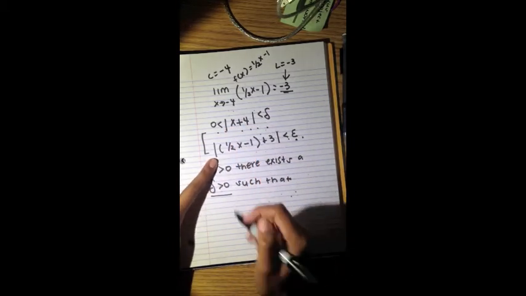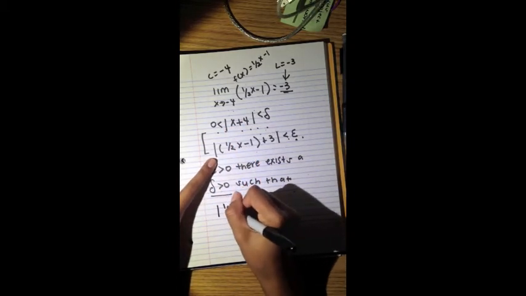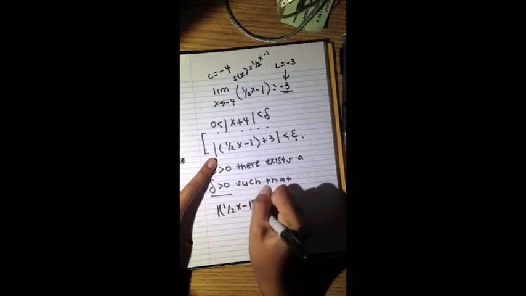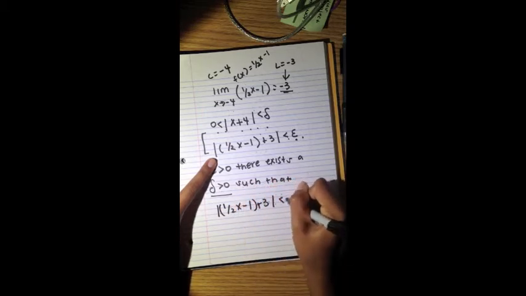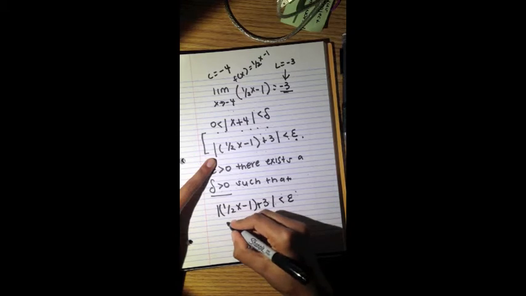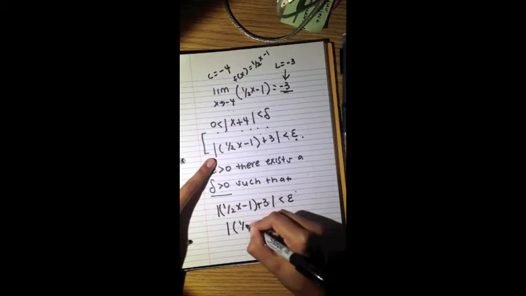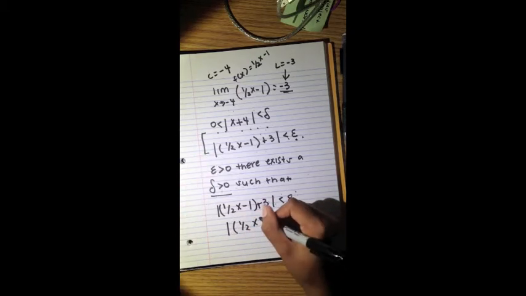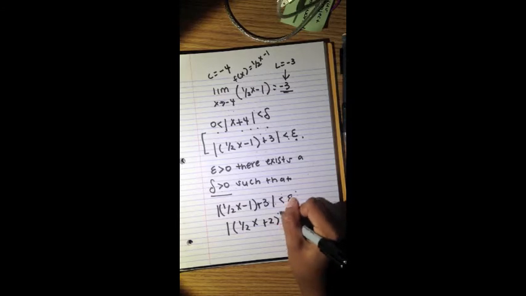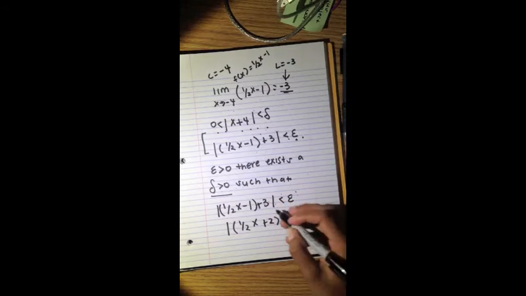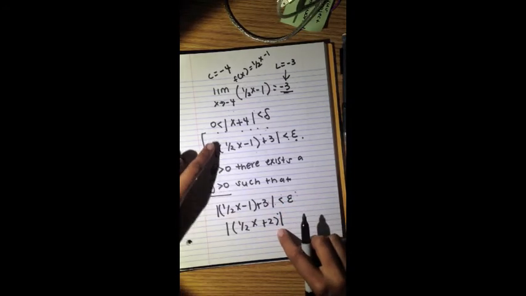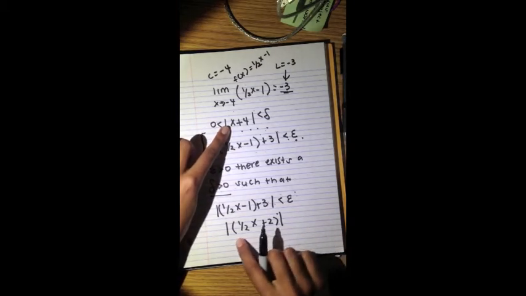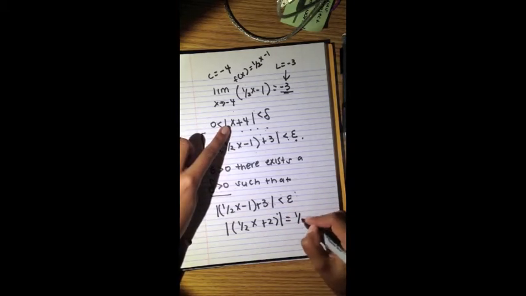So first we're going to simplify this. We have |1/2 x minus 1 plus 3| is less than epsilon. Let me simplify this here, so you get 1/2 x plus 2. And just trying to relate it back to this, what we can do is take out a 1/2. So this is the same thing as saying 1/2 times |x plus 4|.